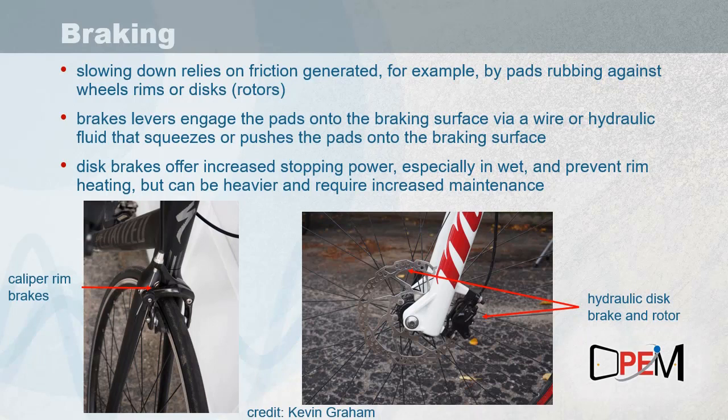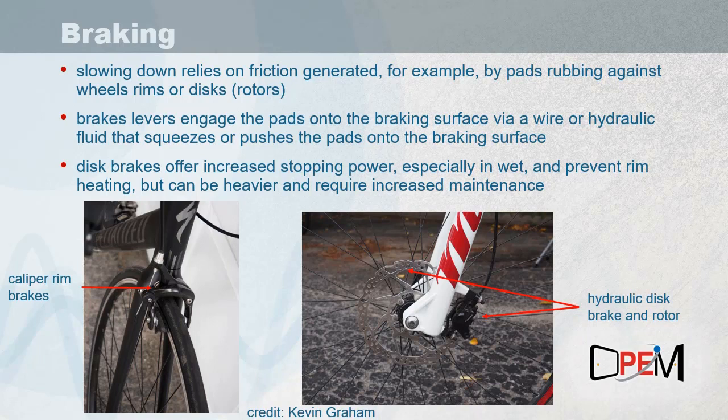The main principle of operation is that you're trying to bring some surface into contact with either the wheel or something attached to the wheel to create friction to slow down the turning of the wheel. On the picture in the bottom left, you see a typical kind of caliper brake system. And what happens there is you pull the lever on the handlebars.